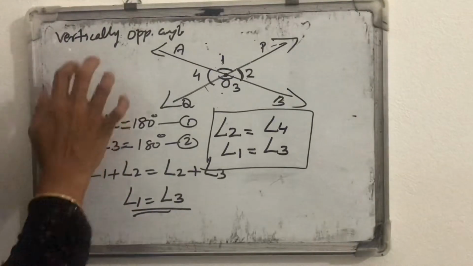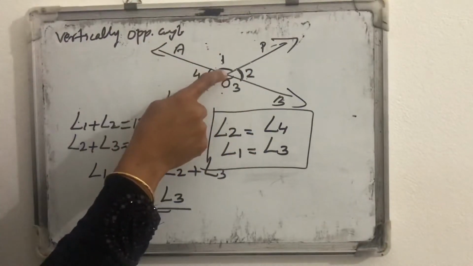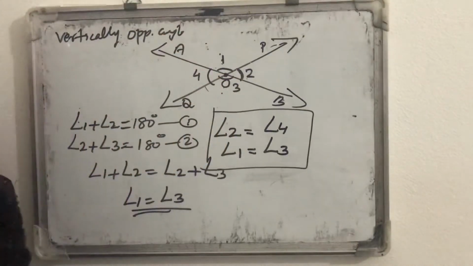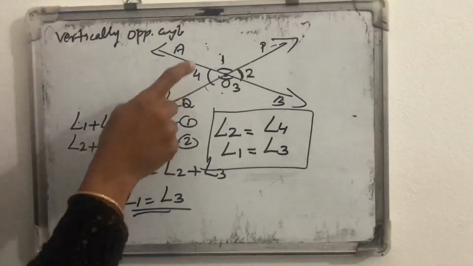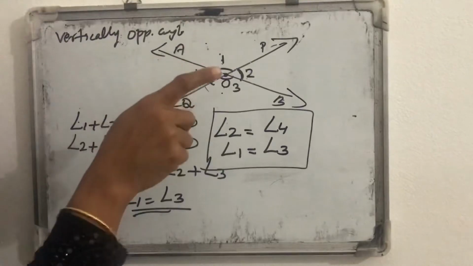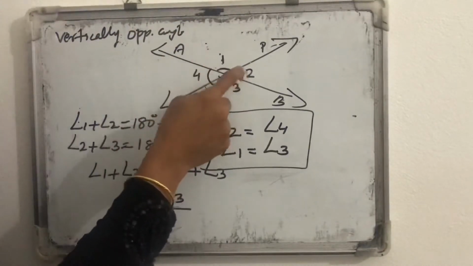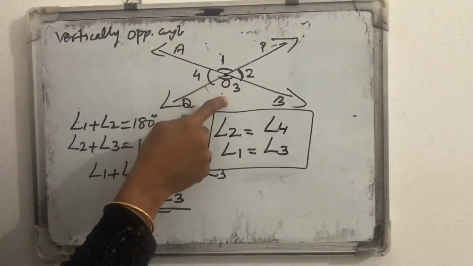This is the proof. First we draw two lines and the two lines meet at a point O. Then four angles are formed, and we mark these angles 1, 2, 3, 4. Then angle 1 plus angle 2 is equal to 180 degrees using the properties of linear pairs. Next, angle 2 plus angle 3 is also 180 degrees.